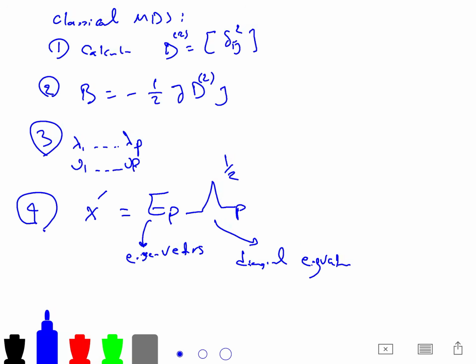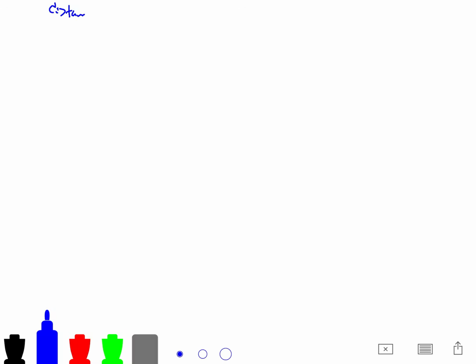And let's talk about the distance function. The distance between x and y, we want to go from similarities to dissimilarities. First, in a metric, the distance between x and y is positive.